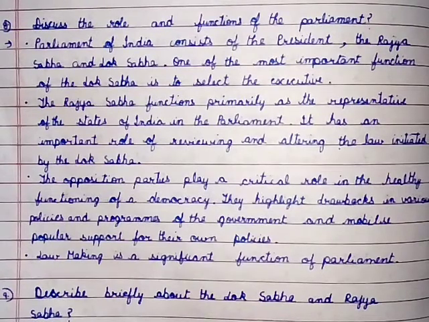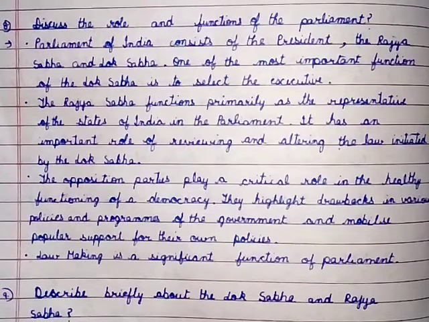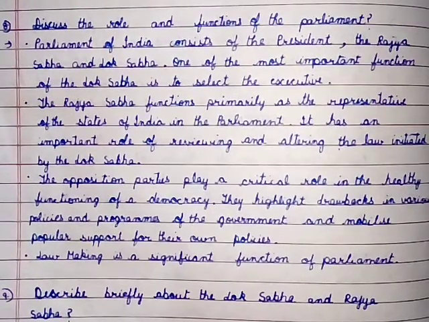It has an important role of reviewing and altering the law initiated by the Lok Sabha. The opposition parties play a critical role in the healthy functioning of a democracy. They highlight drawbacks in various policies and programs of the government and mobilize popular support for their own policies. Lawmaking is a significant function of Parliament.